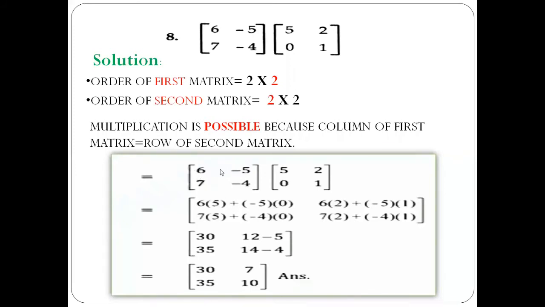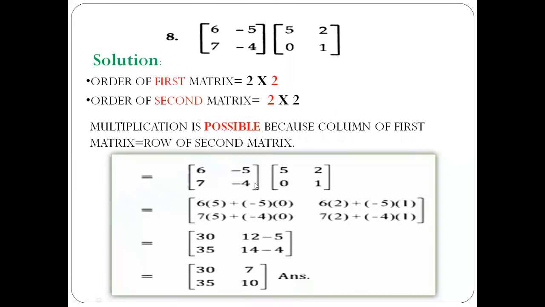Now, first row, second column: 6 multiply by 2, and then minus 5 multiply by 1, and then you will add these two values.